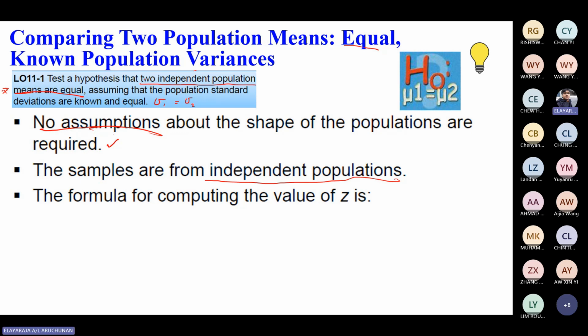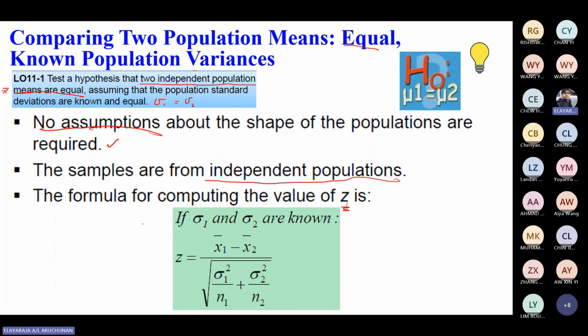Now next is the formula for computing the z value. I'm sure you all know the distribution value, so we can draw on that for this case of comparing two population means. The standard deviation is equal, and we already know that it is equal and known.